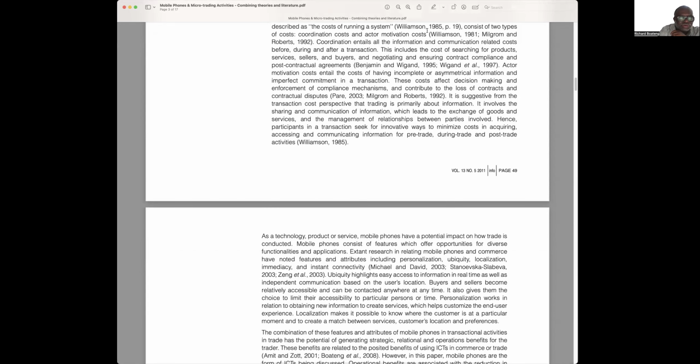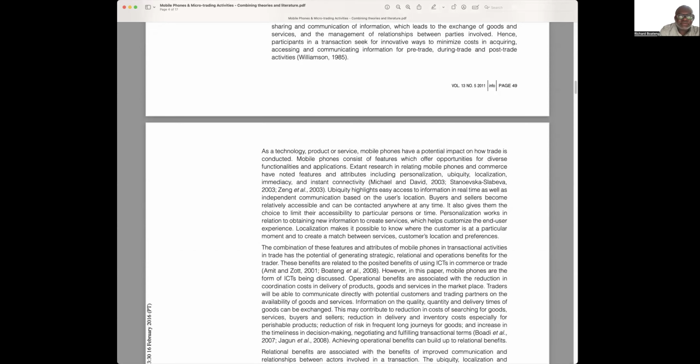Then to continue, we talk about how mobile phones have a potential impact on trade. As a technology product and service, mobile phones have a potential impact on trade and how it is conducted. Mobile phones consist of features that offer opportunity for diverse functionalities. So we're talking about the features of the mobile phone. Some of them include ubiquity, personalization, localization, and instant connectivity. Then he explains these ones. Now, look at the next paragraph.